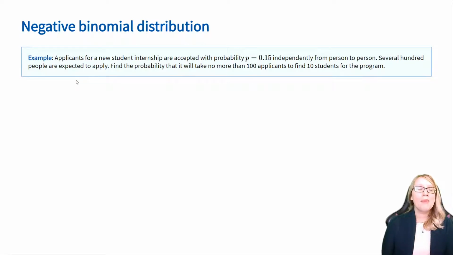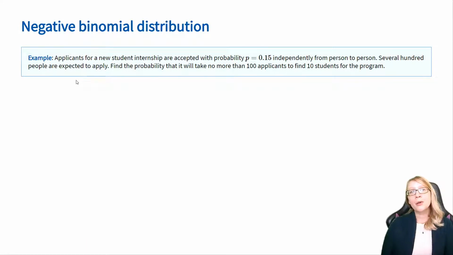So let's see how we might use this distribution. We have applicants for a new student internship that are accepted with probability 0.15 independently from person to person. Now the way we're going to review these applications is a little bit different. As soon as we hit one application that is successful, that person is in the program. They're a success. We'll continue reviewing applications until we find 10 students for the program, until we've filled all 10 spots.